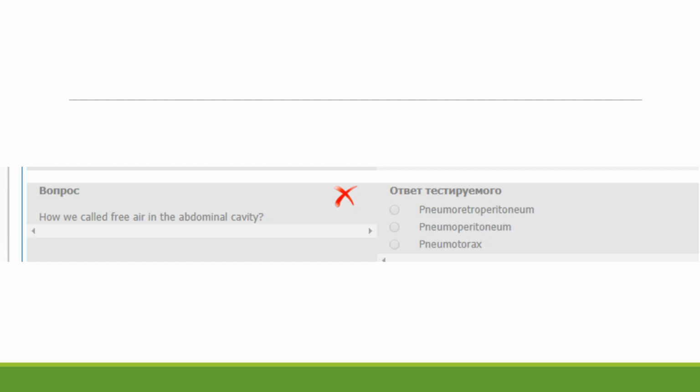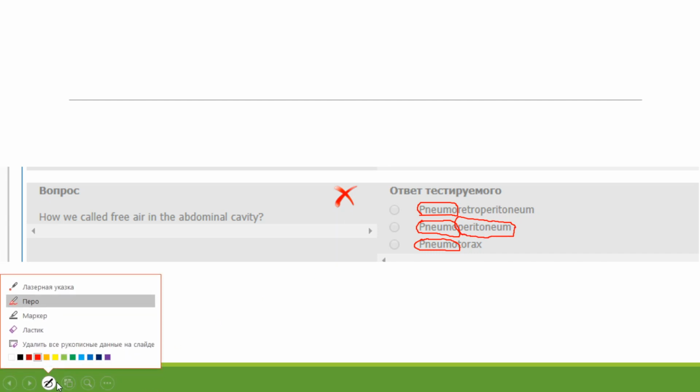Maybe we can talk about another terminology. Look there, please. You can see pneuma, and pneuma. Okay, and now peritoneum. Another one, please.